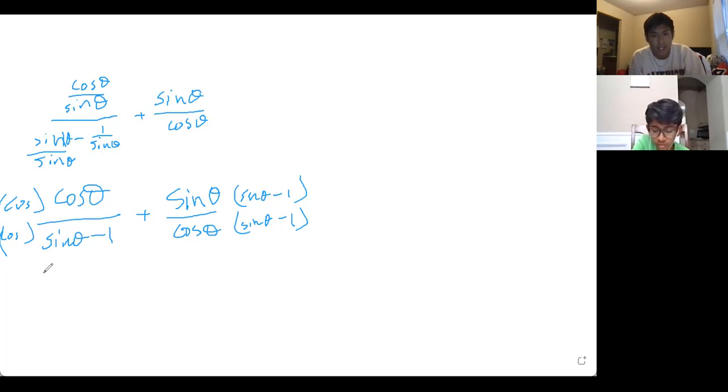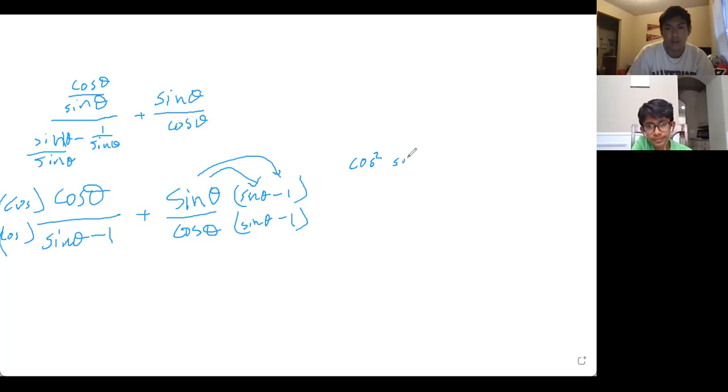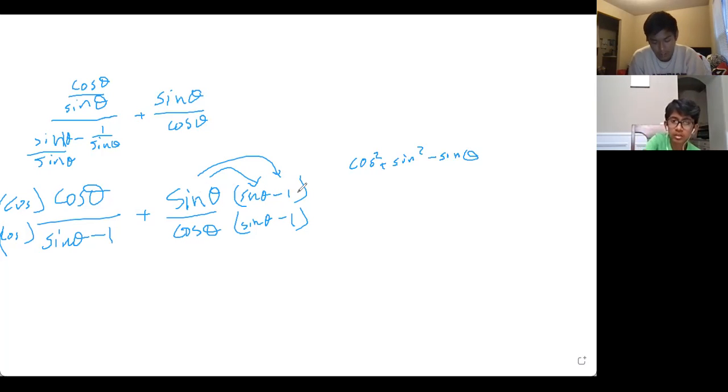So it's one minus sine theta, right? Wait, did you say this gets distributed to both? So you can say cosine squared, sine squared, minus sine theta. I guess it gets distributed to the negative one. Oh, okay. So that would just be 1 minus sine. So do you see that matches the other side, right? Yeah.